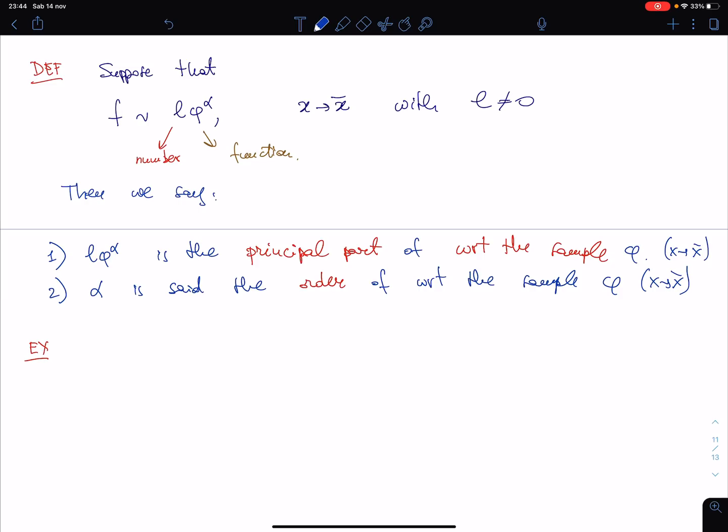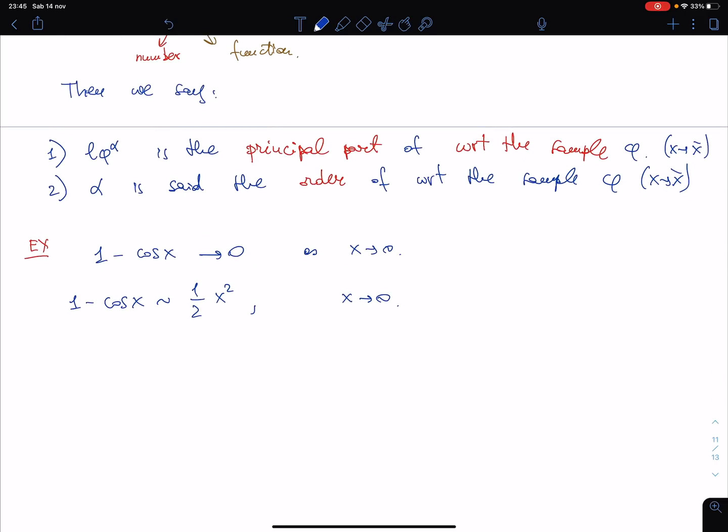We have that 1 minus cosine of x, which is an infinitesimal for x going to 0. We know that 1 minus cosine of x is equivalent to 1/2 x squared as x goes to 0.